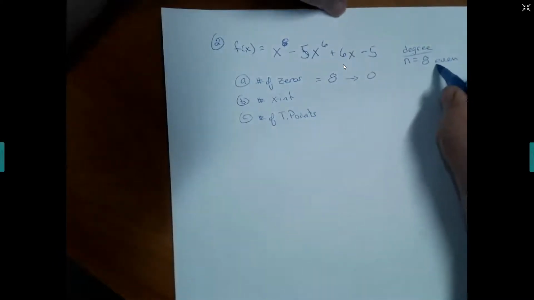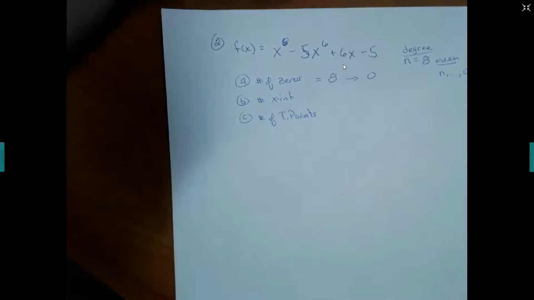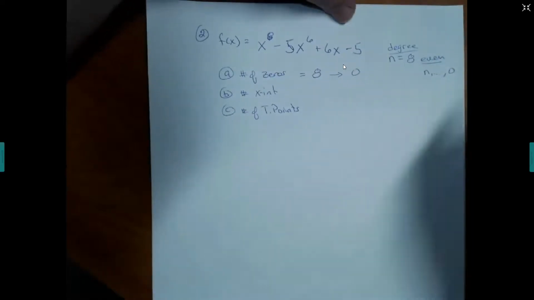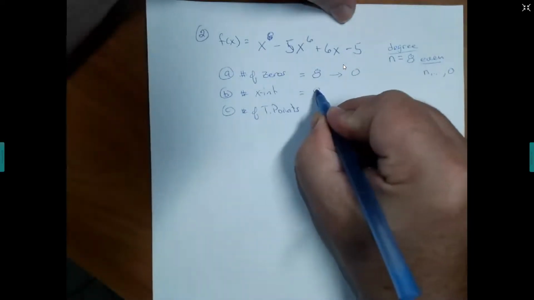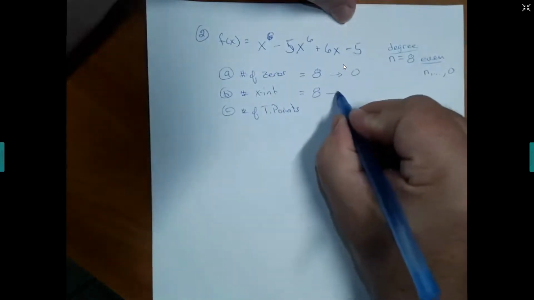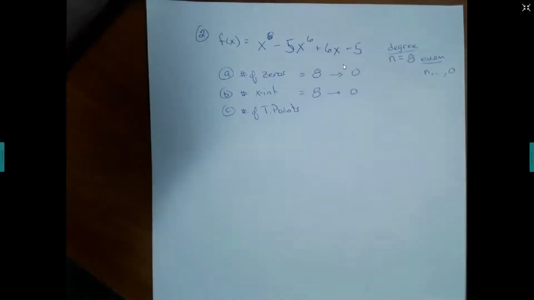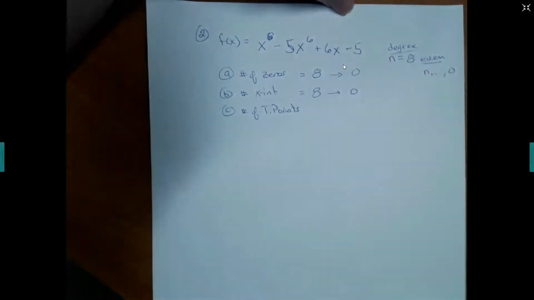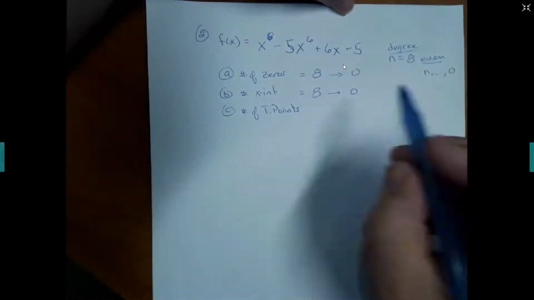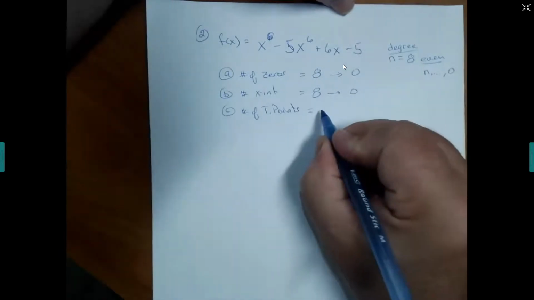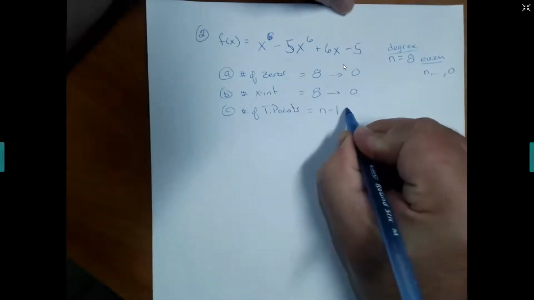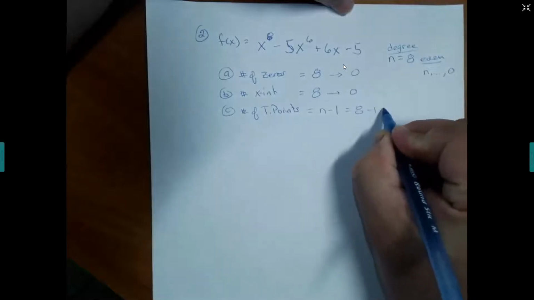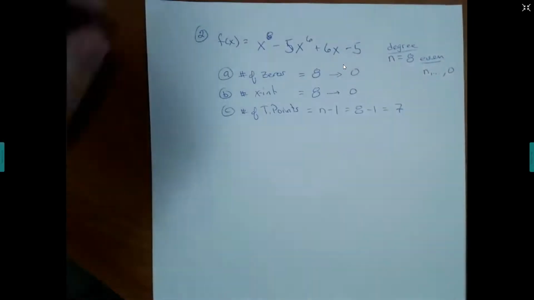With an even degree, you can start off at n and go down to 0 solutions. Same thing with the x-intercepts, 8 down to 0, but the maximum number of x-intercepts is the same as the number of zeros. How many turning points? 8 minus 1 is 7.